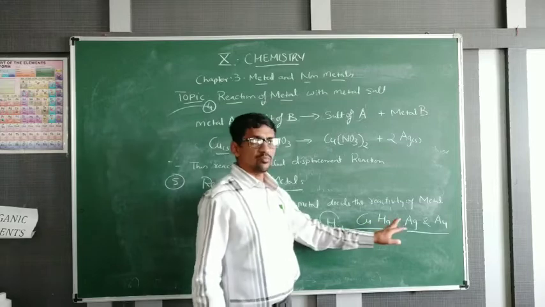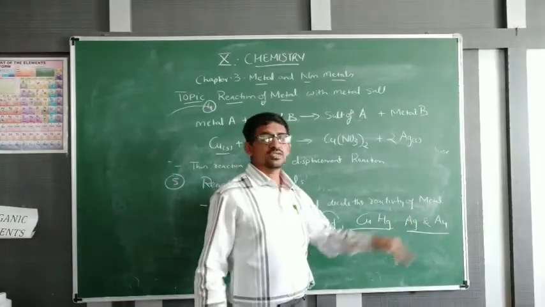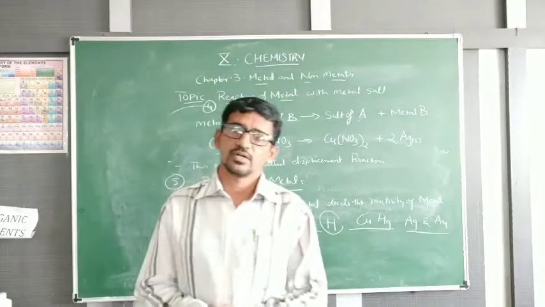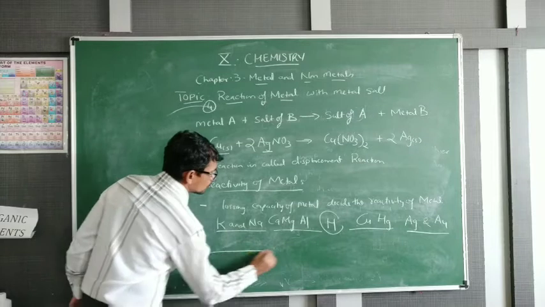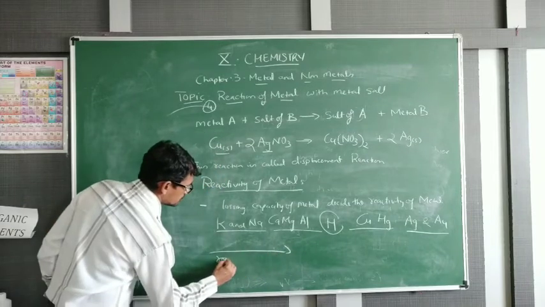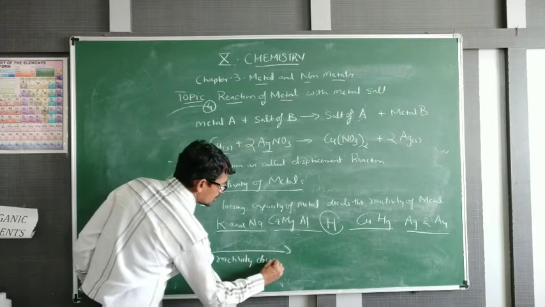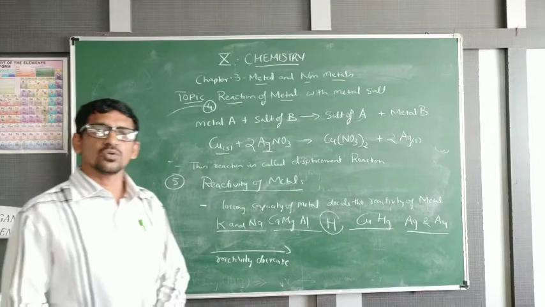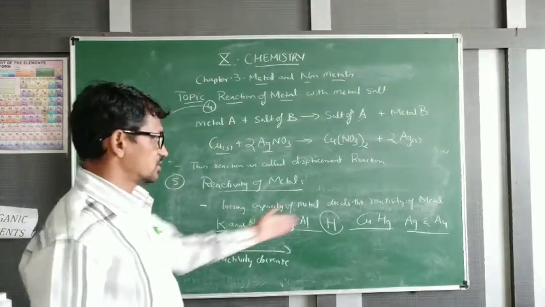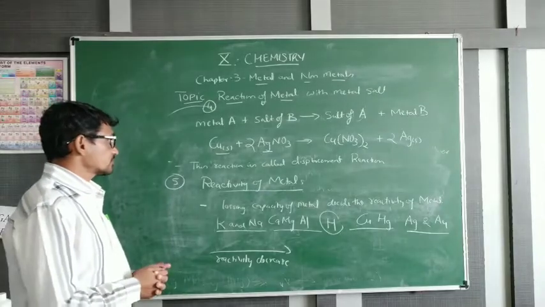Copper and mercury are less reactive, and gold and silver are the inert metals. So this is about reactivity. If you draw an arrow, reactivity decreases. The tendency to lose electrons becomes less as you go from left to right.